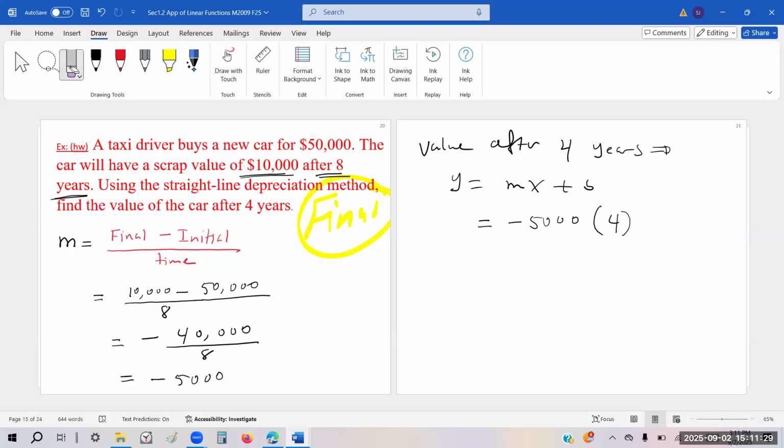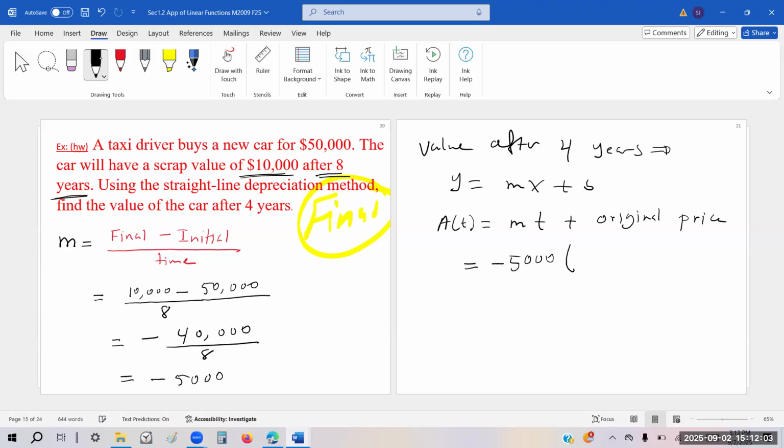So y equals mx plus b is the same as what they are saying: the final amount of t equals m times t plus the original price. This is what it means. b is the original price, m is whatever you have, and t is how many years you are spending after buying the car. So every year we are losing 5,000.